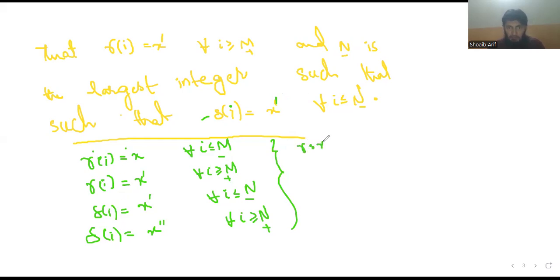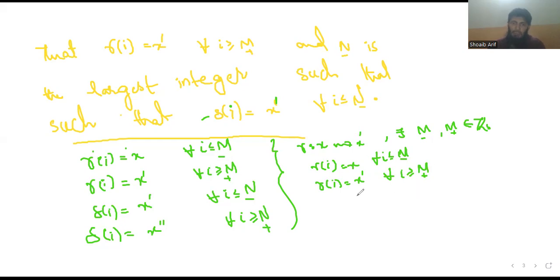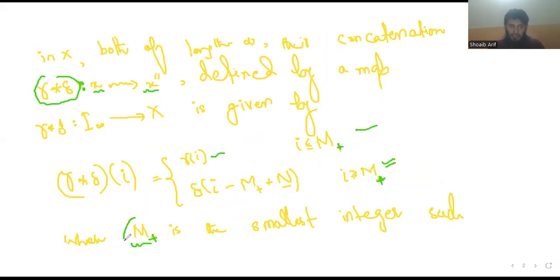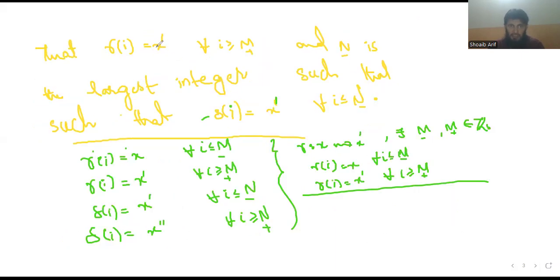Gamma is a path from x to x prime of infinite length, such that, according to the definition I discussed in previous videos, there exist integers m minus and m plus such that gamma of i equals x for all i less than or equal to m minus, and gamma of i equals x prime for all i greater than or equal to m plus. By this definition of gamma, m plus is the smallest integer such that we get x prime for all i greater than or equal to m plus.